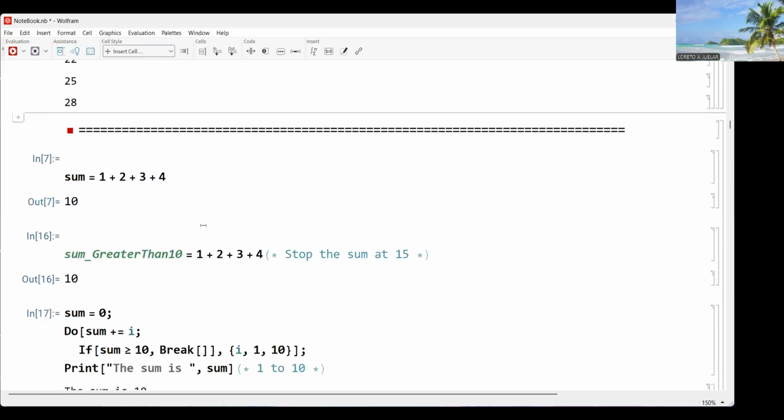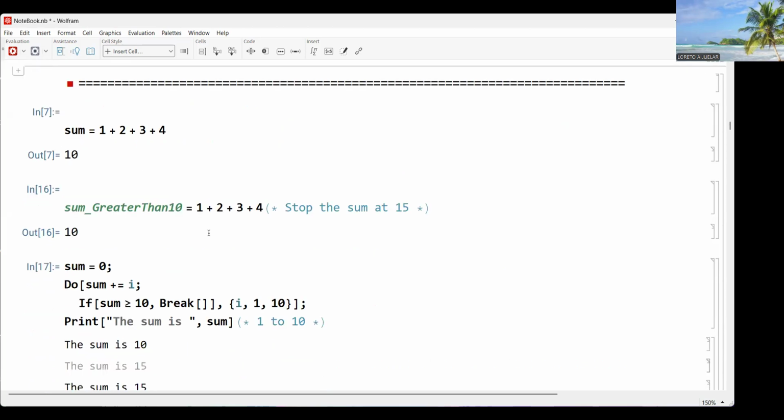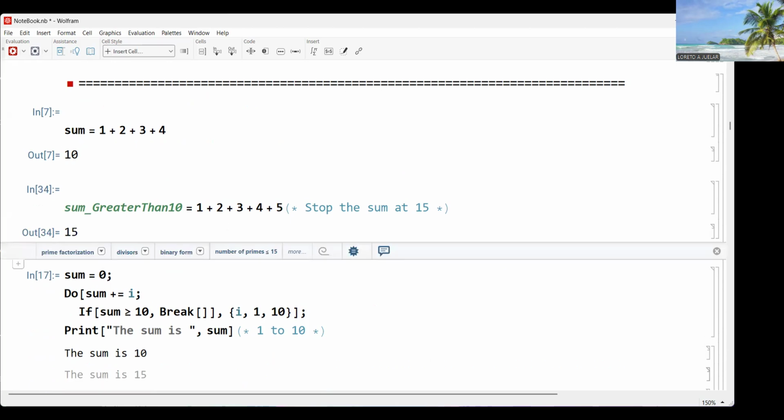Okay, so the next problem is finding the sum. For example, the problem here is to stop the sum at 15. So 1, 2, 3, 4, 5, 6, 7.